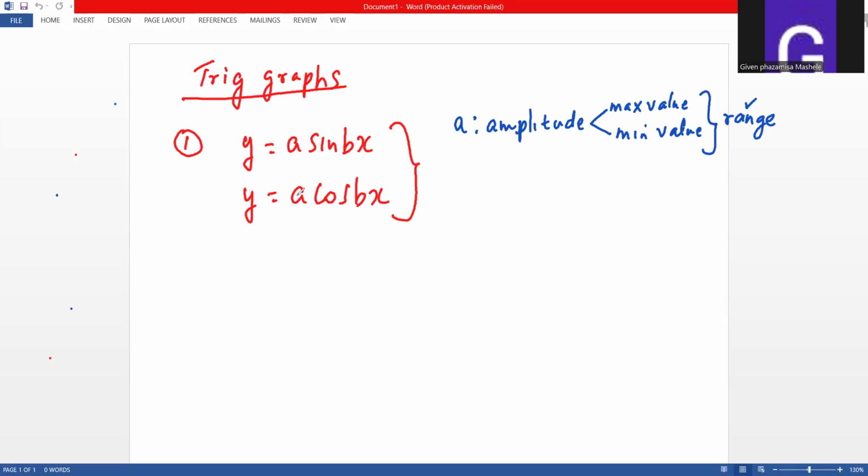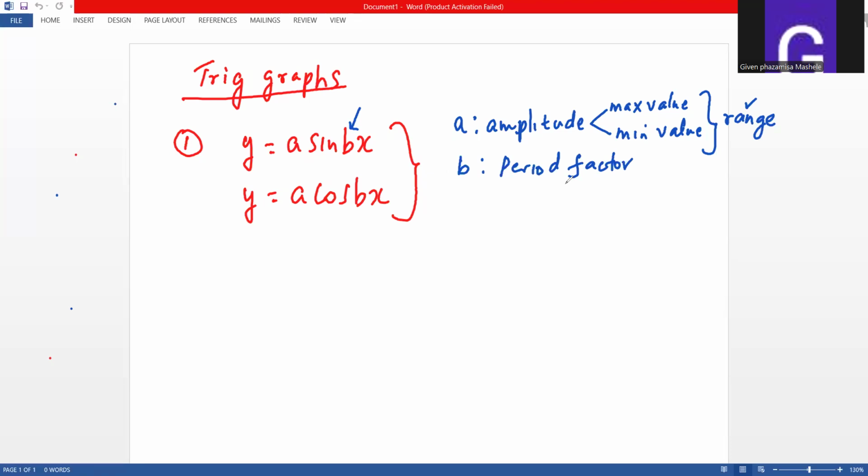Whereas the b, which is the coefficient of x, is called the period factor. It is the value that affects the period of a function.